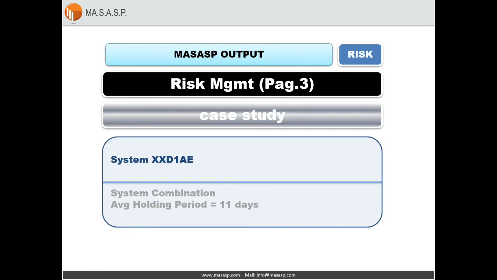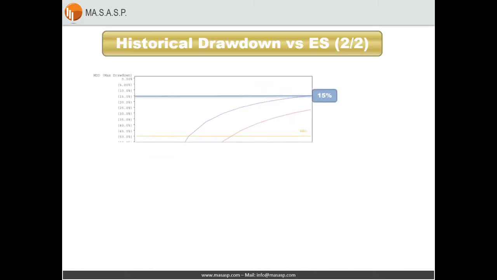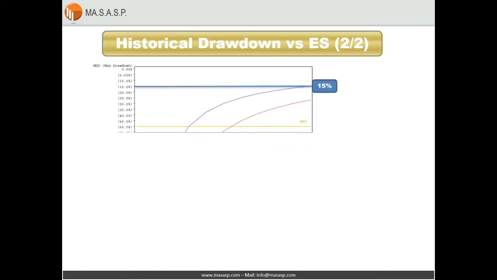Let's have a look at the real-life example related to our four-system combination. We have a chance to compare the expected shortfall calculated so far to the historical estimate of the maximum drawdown, which reads 15% in this case.